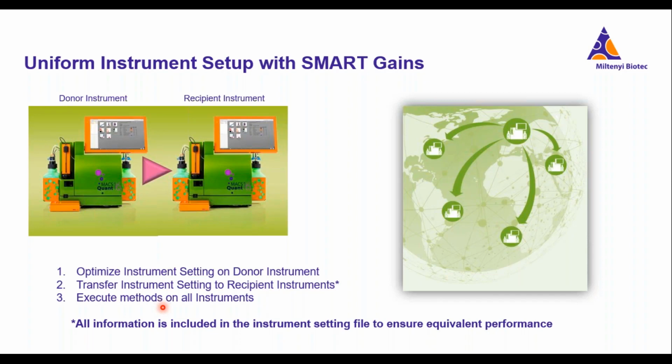All the information is included in the instrument settings file to ensure equivalent performance. So there are things about the software doing the appropriate analysis in the background to make sure your data and your settings are consistent across your instrumentation.